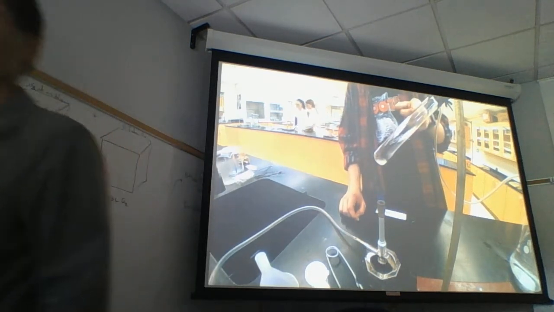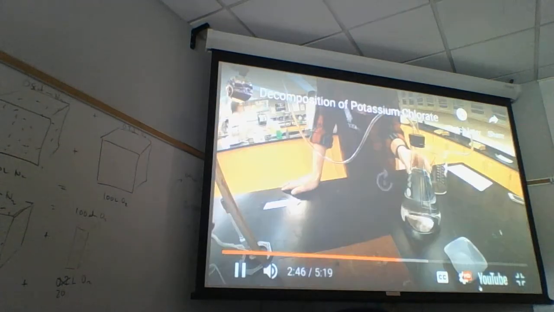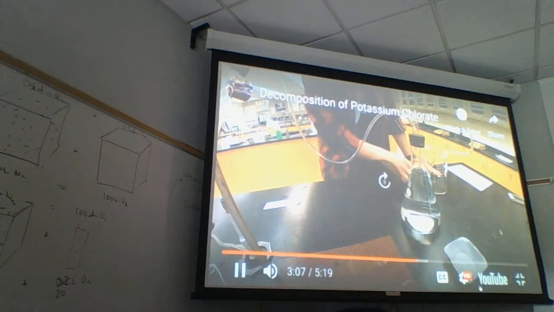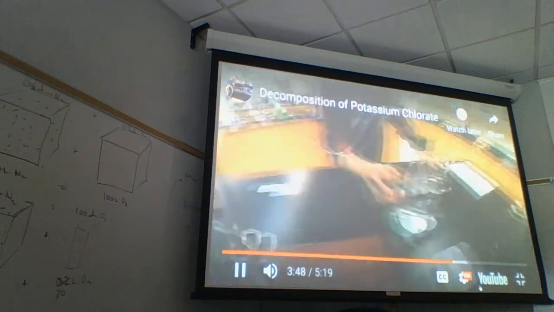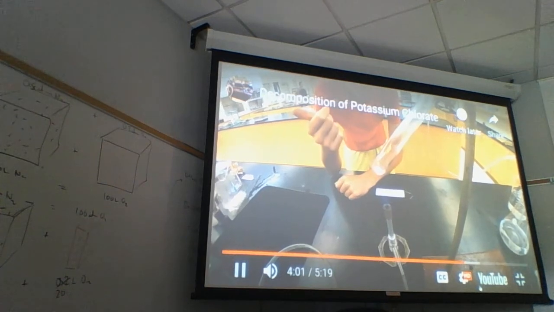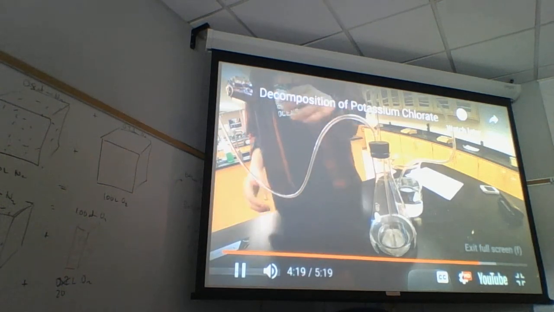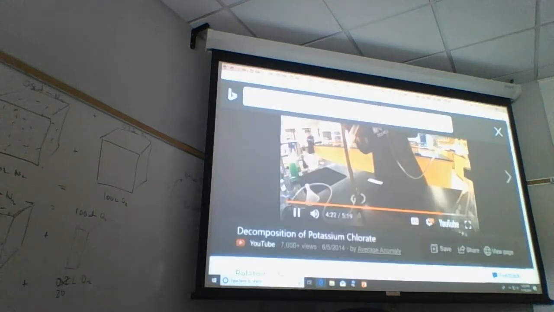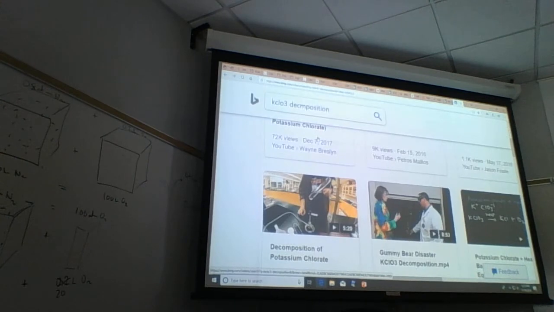So they're heating up the potassium chlorate, and then what happens with the potassium chlorate is it starts to decompose. Not such a dramatic decomposition.